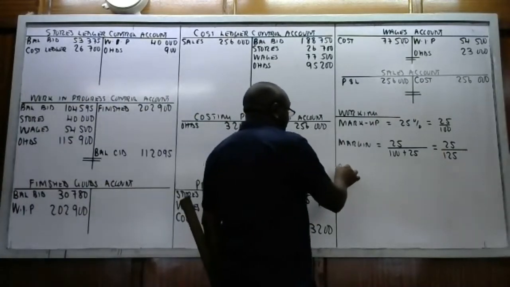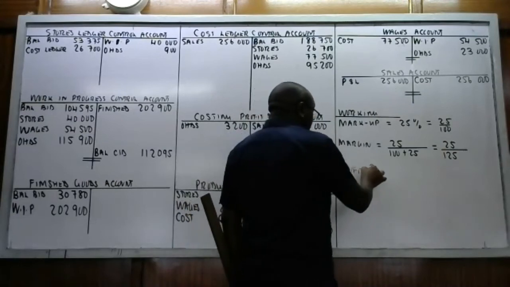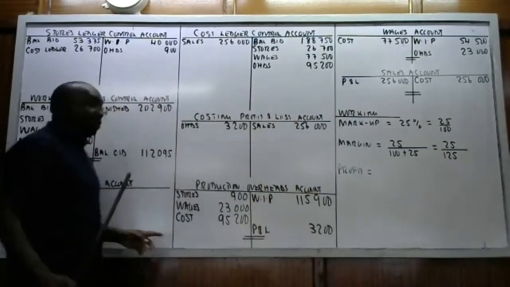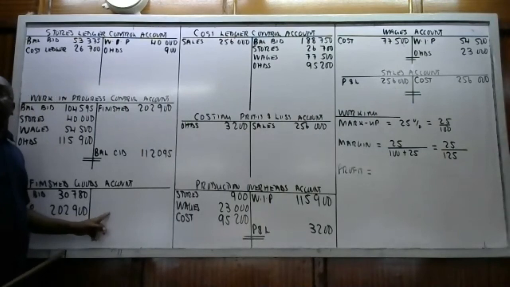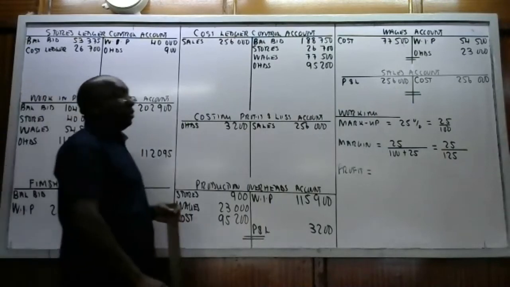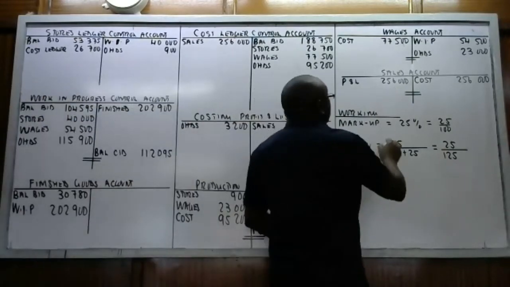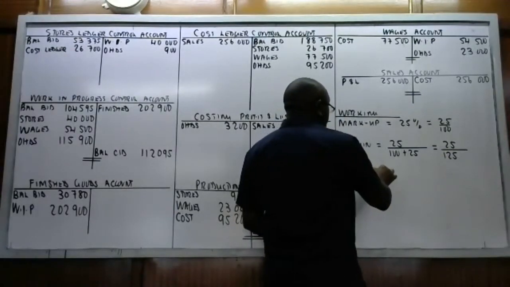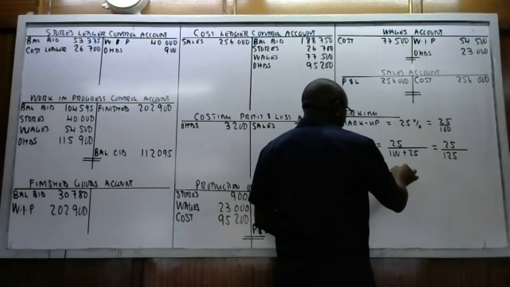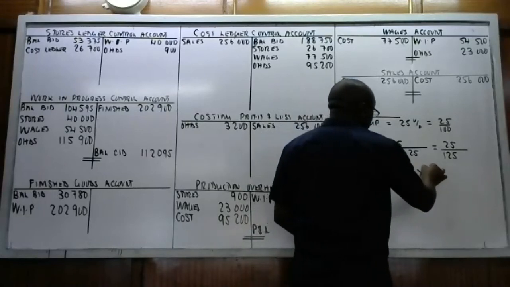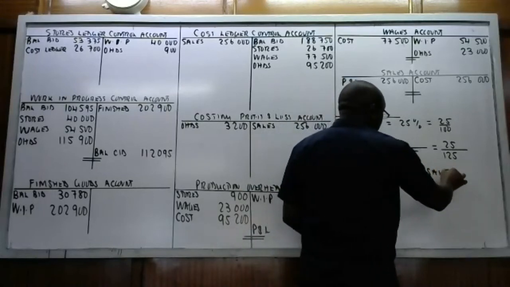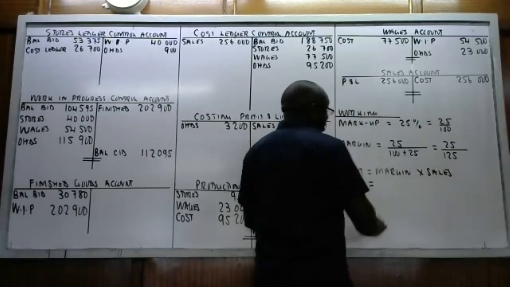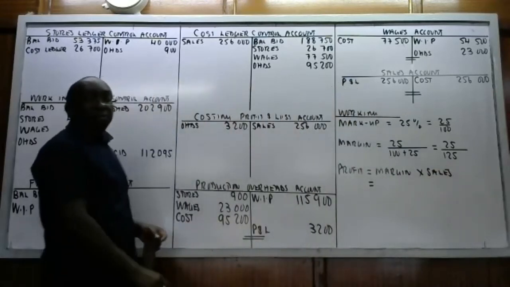So for profits, we are looking for the cost of sales. Profit should be equal to margin times sales.